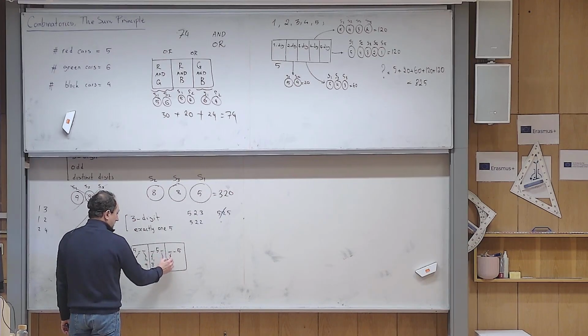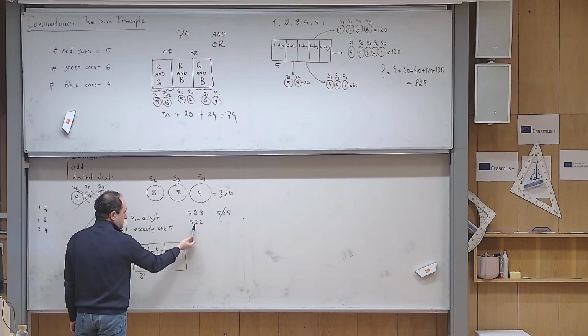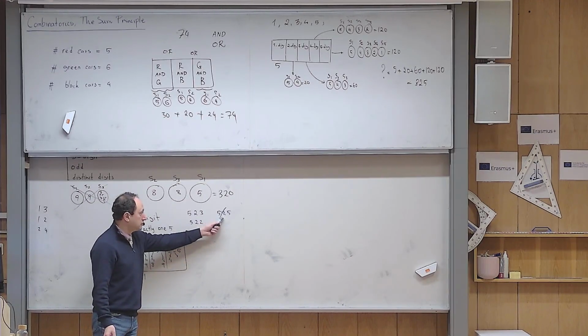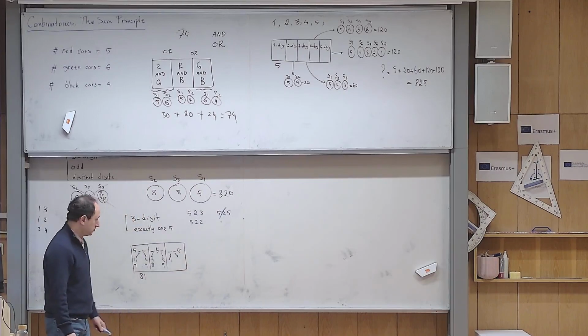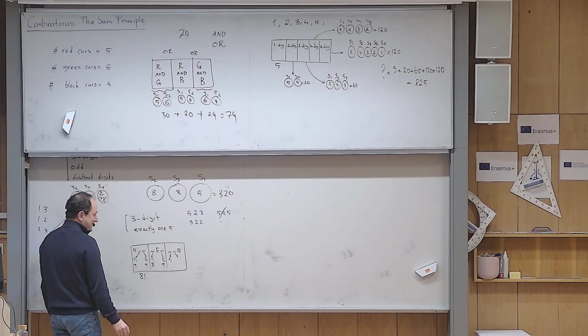So then I go here. I just told you, this is acceptable. This is also acceptable because this is a 3-digit number with exactly 1 5, so I have to count this. But I'm not allowed to count this, because this is a 3-digit number with more than 1 5. So how many options are available here? 8.